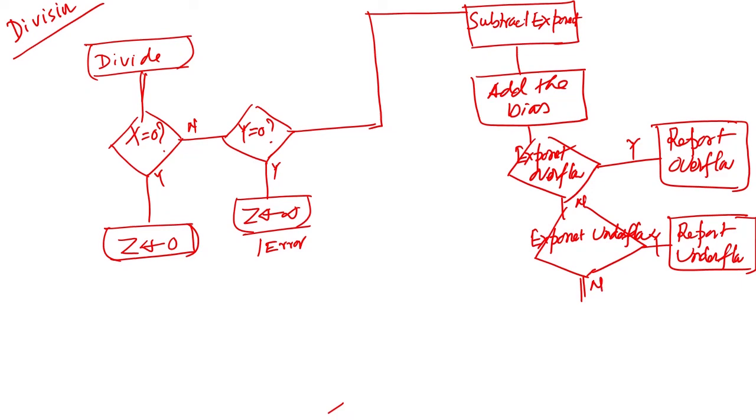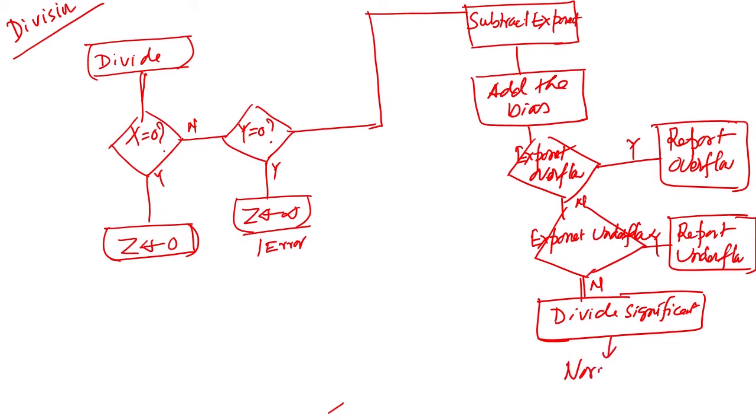If it is no, then you divide the significands. Okay. Next, you have to normalize. And then round, we will be covering in the next class, and then this is the end.